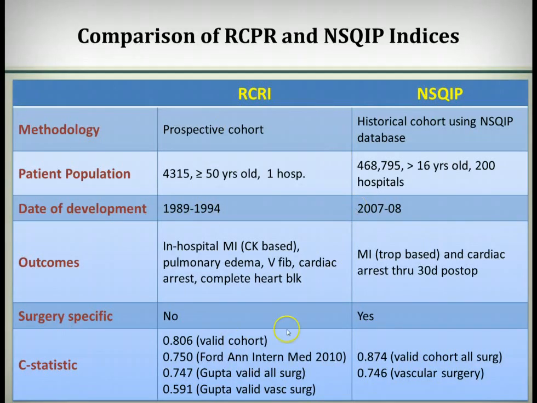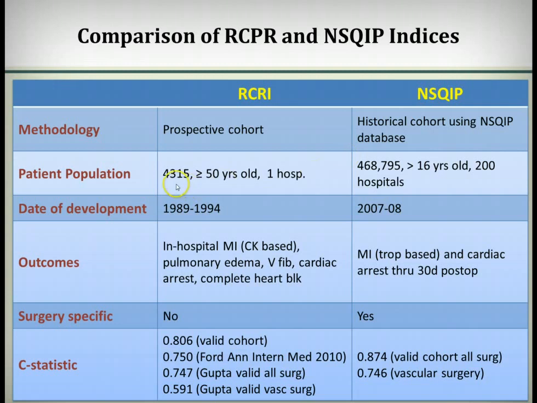In the middle column here, I have information about the Revised Cardiac Risk Index, and over here on the right, information about the Gupta tool. So first off, you can look through here and see that the Lee criteria was a prospective cohort study of patients they followed specifically for the purposes of developing this risk prediction tool, whereas the Gupta tool was developed using a database that was designed for improving surgical care across the nation.